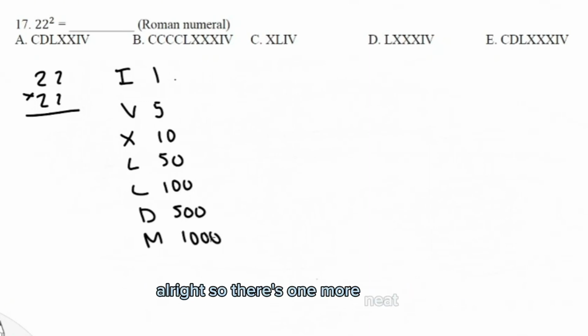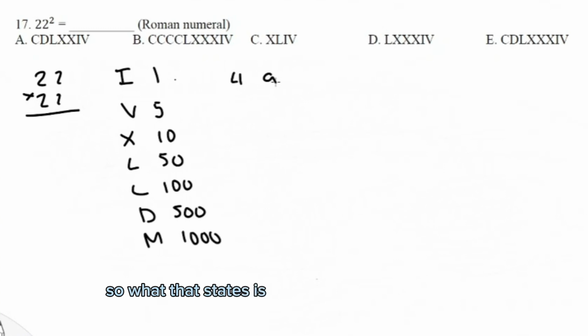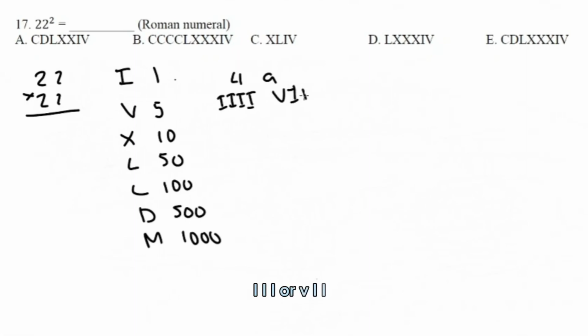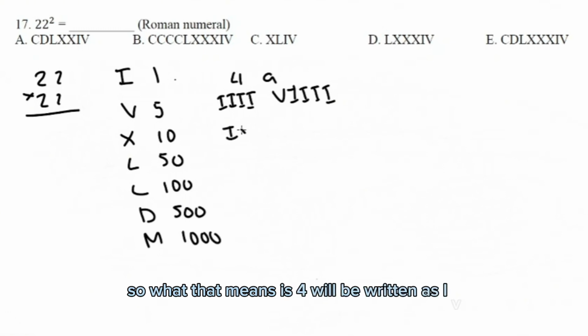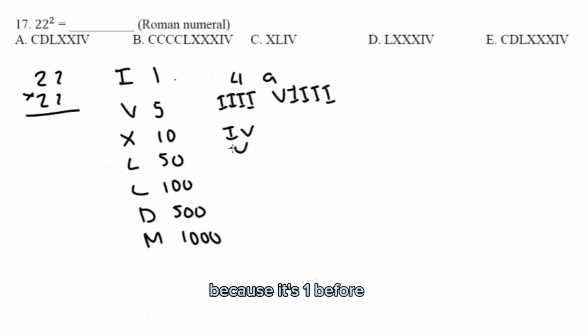Alright, so there's one more neat rule you need to know for Roman numerals, and that is the 4 and 9 rules. What that states is, when you're writing a 4 or a 9, instead of writing it as IIII or VIIII, you would write it as 1 before the next number. So 4 will be written as IV because it's 1 before 5.